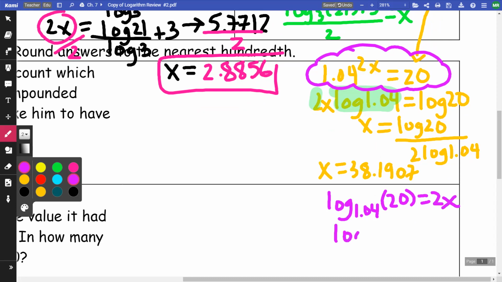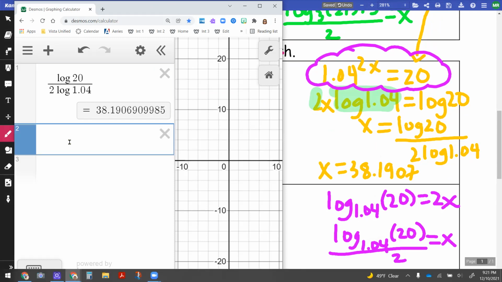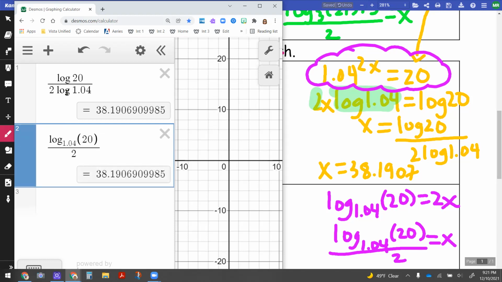And then I could have taken log base 1.04 of 20 and divided it by 2 to get x. And when I do that, and I take log base 1.04 of 20, and I'm going to divide that whole thing by 2, you see I get the same answer.